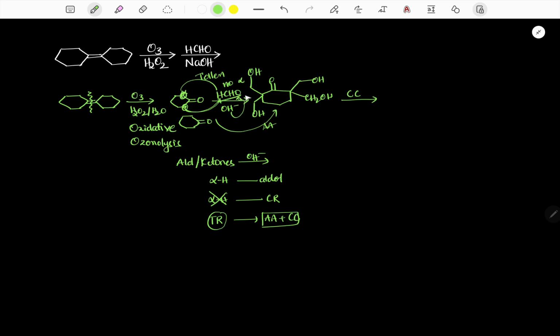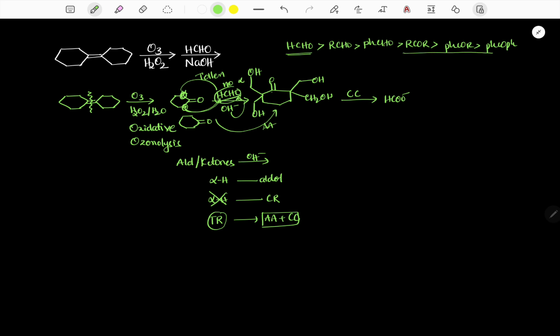OH- attacks the formaldehyde. Formaldehyde undergoes oxidation because formaldehyde is more reactive than ketones towards nucleophilic addition. The order is formaldehyde greater than RCHO greater than PhCHO greater than RCOR greater than PhCOR greater than PhCOPh.